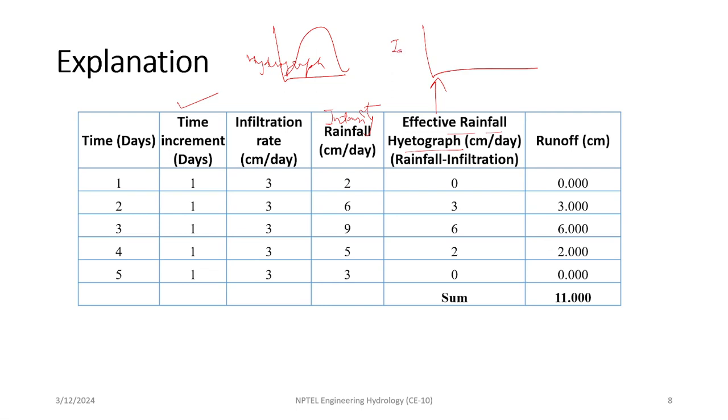So the intensity is here and it is varying with time, so that's why it is in centimeter per day. For this case, if we want to compute, then definitely we have to compute in terms of intensity.